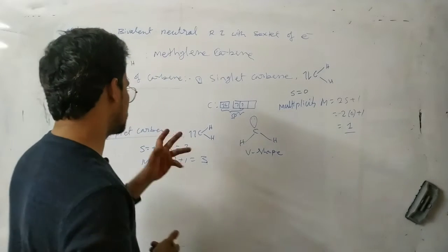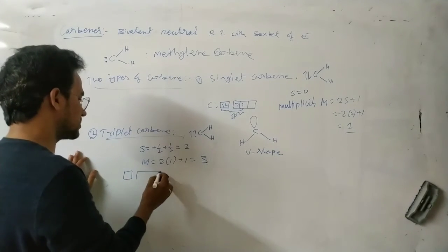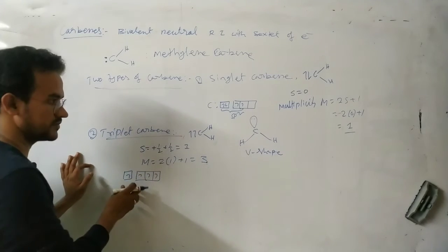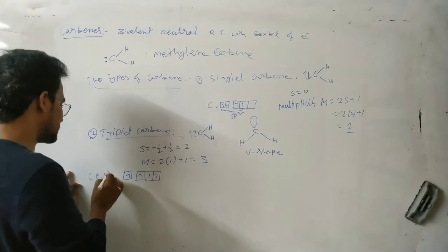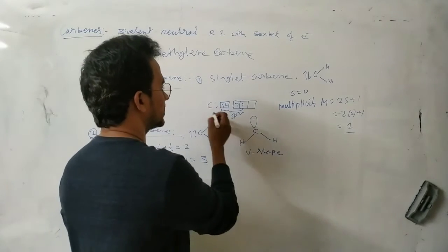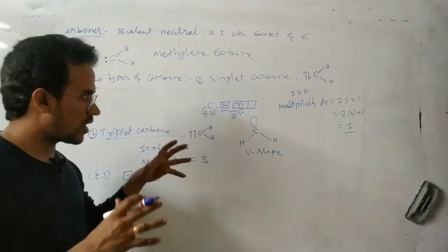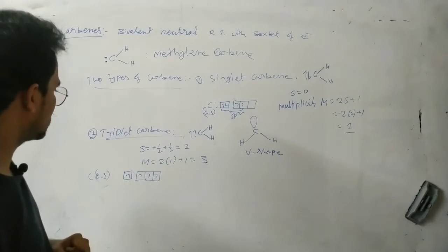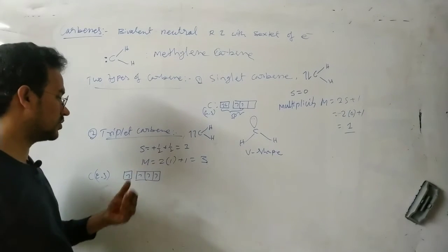Those two electrons are single electrons, not paired electrons. So here the carbon is in the excited state, but in the other case the carbon is in the ground state. In the ground state, the Singlet carbene is formed. In the excited state, triplet carbene formation is more feasible.